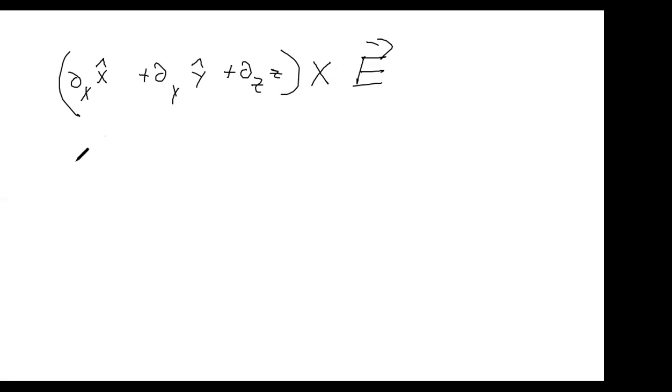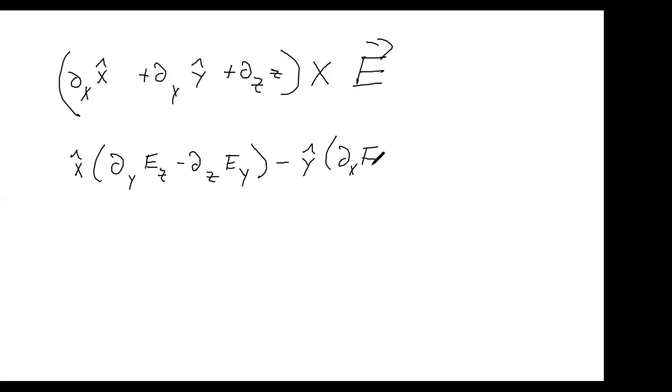That's going to give you x hat times the partial of y on Ez minus partial z Ey, minus y hat partial x Ez minus partial z Ex, plus z hat partial x Ey minus partial y Ex.